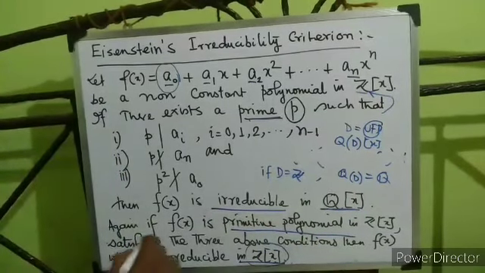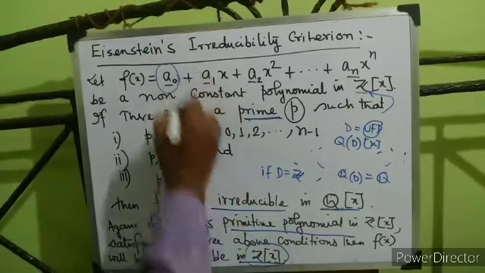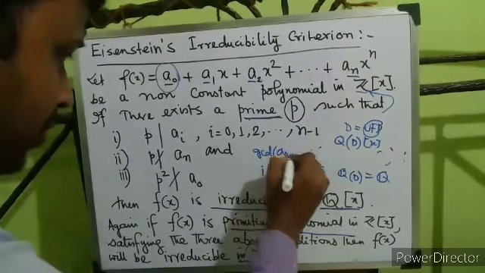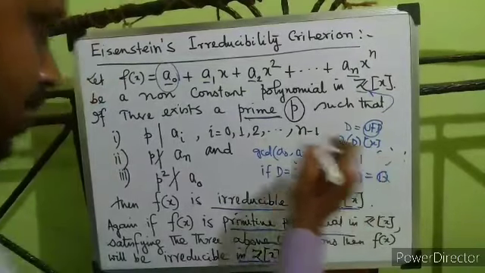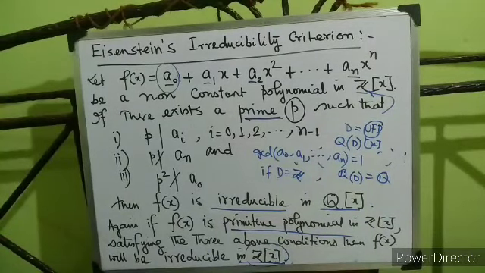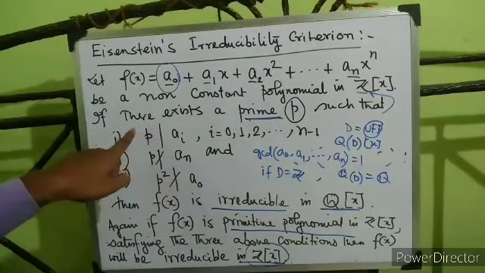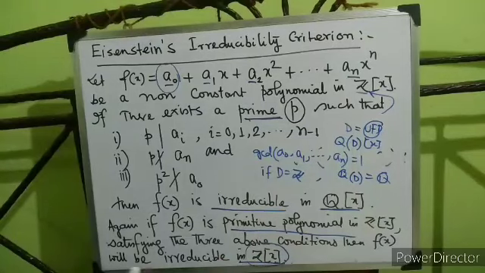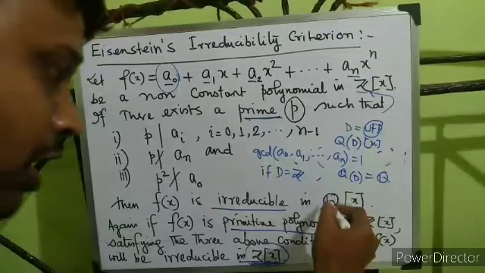And also, if f(x) is a primitive polynomial, that means the GCD of a0, a1, ..., a_n is equal to 1, if f(x) is a primitive polynomial in Z[x] and there exists a prime p that satisfies all the conditions 1 to 3, then f(x) is irreducible in Z[x], not only in Q[x].